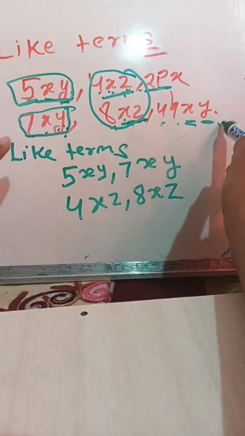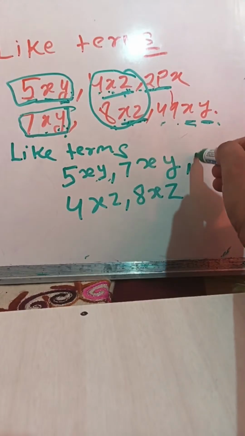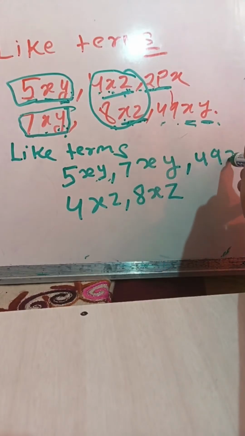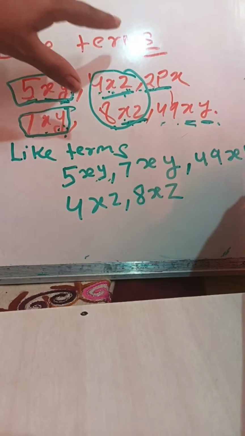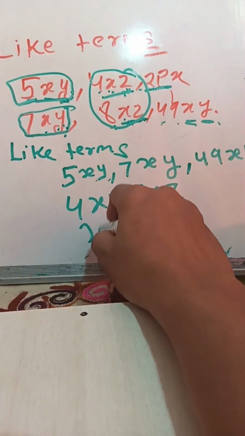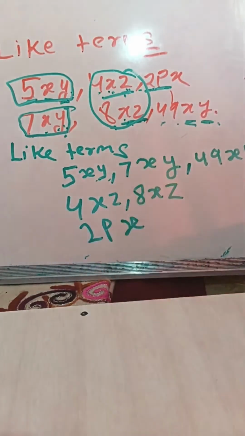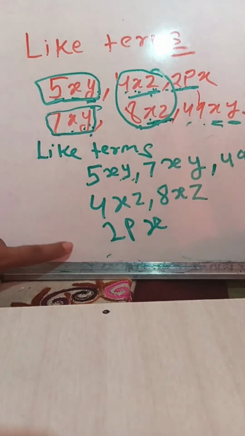We have one more xy, since it is also common with this, hence we find like terms. The remaining one is 2px. Is it clear to everyone? These are our like terms.